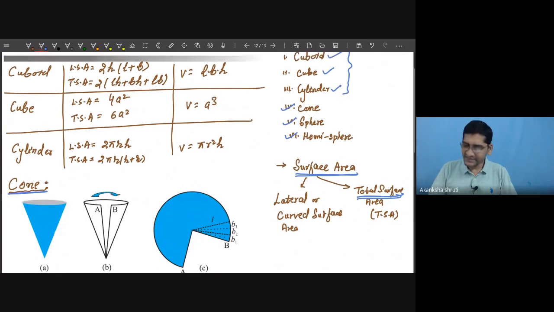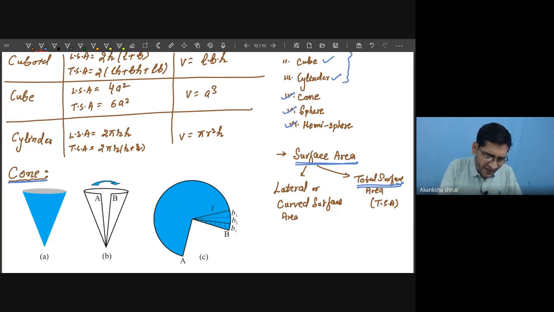Now, like a cylinder, if you open it through its height and roll it out, you will get a rectangle. In a similar fashion, here we are given a cone. This is the circular area, and circular area means it always has a radius r.